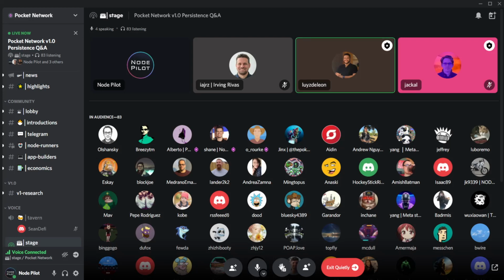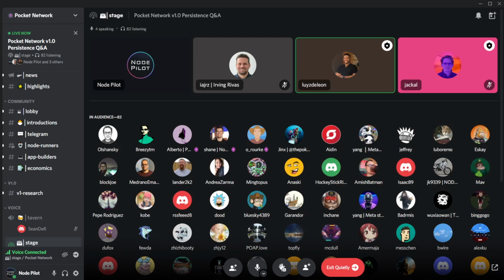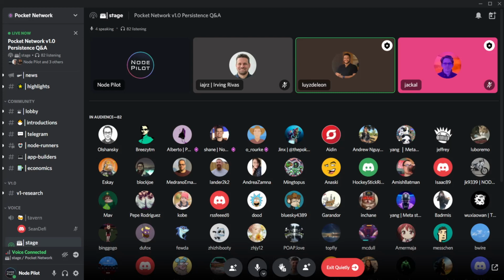So what we're doing here is leveraging the fact that Pocket already requires a pre-schematized database, and we're doing a database that is going to be written and read from, the one that is going to receive all the output.